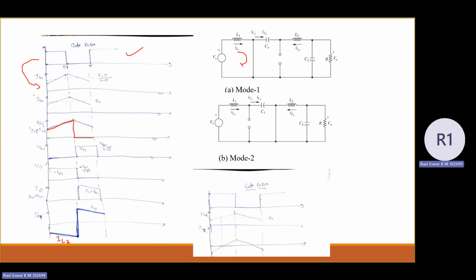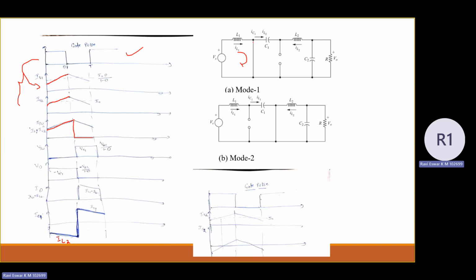So it is always recommended to draw the inductor currents first. When the switch is turned on, inductor L1 is in charging state, and similarly inductor L2. Both inductors are in charging state.